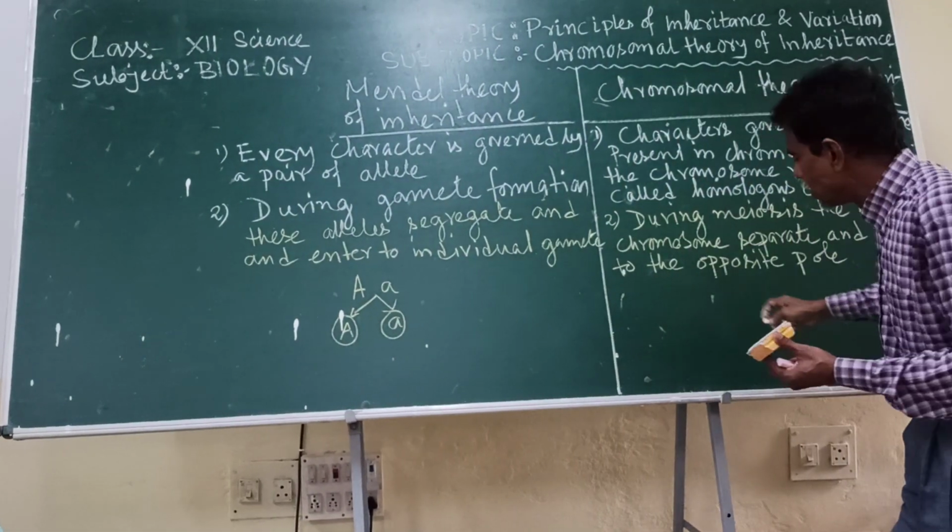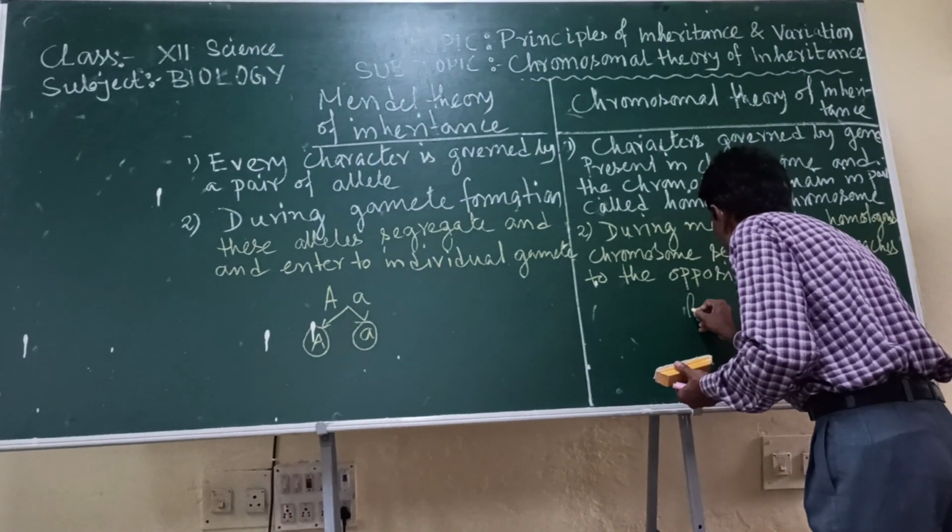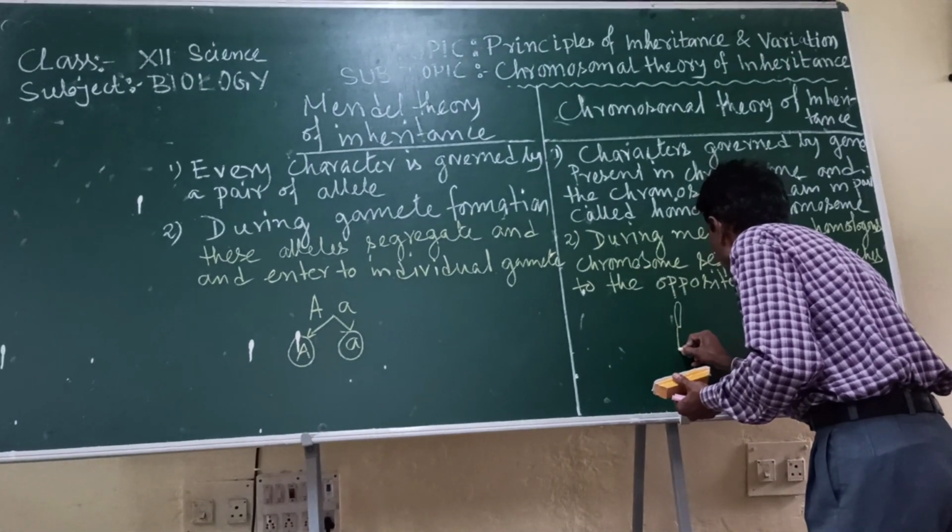What did Sutton and Boveri say? Chromosomes remain in homologous pairs.